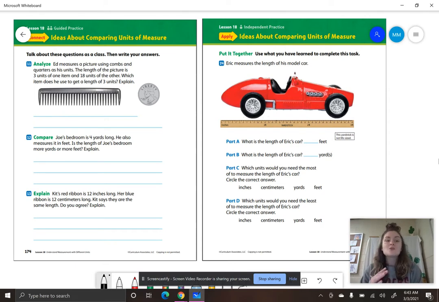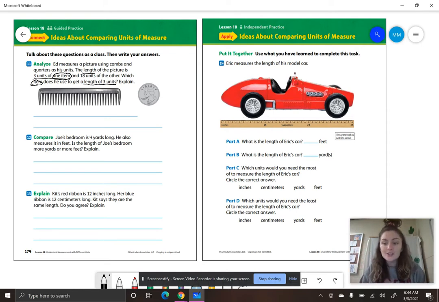So Ed is using a comb as a unit of measurement and quarters as a unit of measurement. It says that the length of the picture is 3 units of one item. Which item does he use to get a length of 3 units?